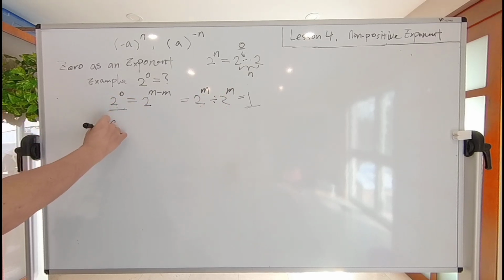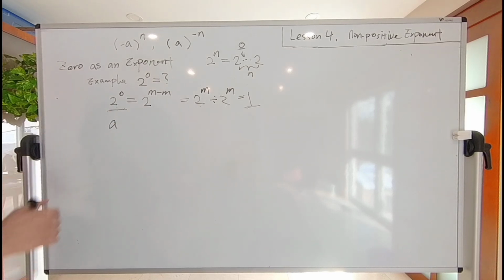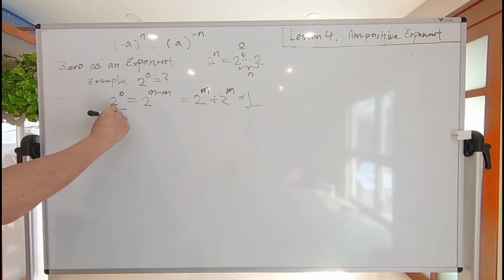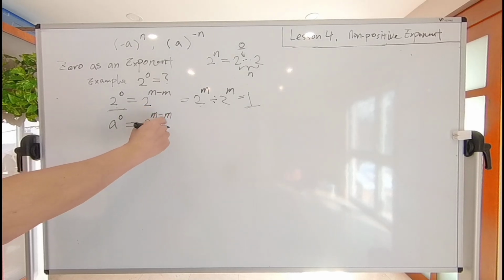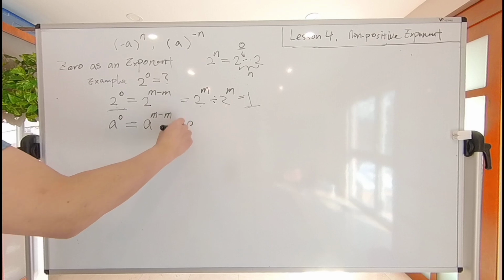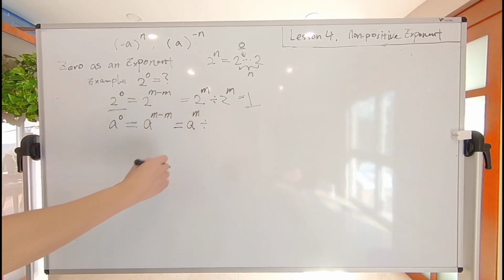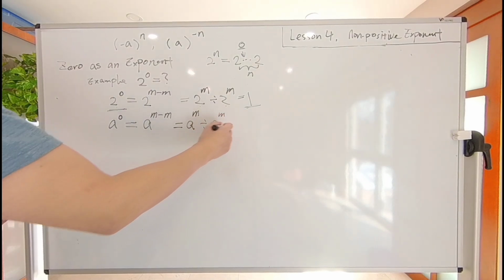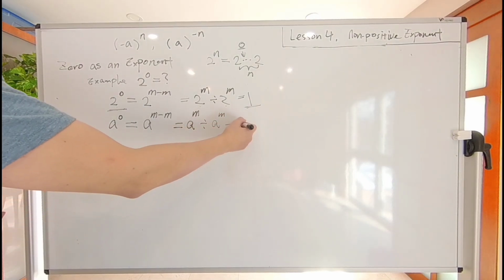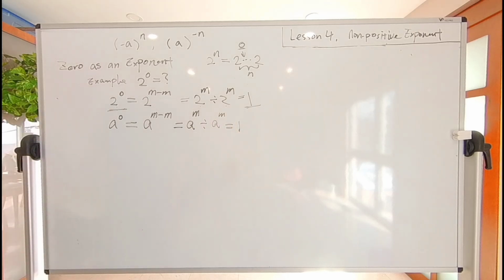So now let's see, given any number a with the power of 0, it can still be written as a to the power of m minus m, and then it can be written as the division of a to the m's power divided by a to the m's power, and apparently these two are the same number, so the division is 1.